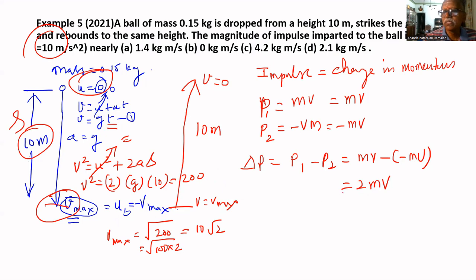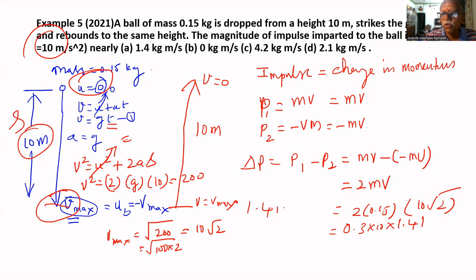You substitute this: 2 into m equal to 0.15 multiplied by v equal to 10 root 2. That is equal to how much? 2 into 0.15 equal to 0.3, multiplied by 10 multiplied by 1.41. 1.41 multiplied by 0.3 equal to 0.423.